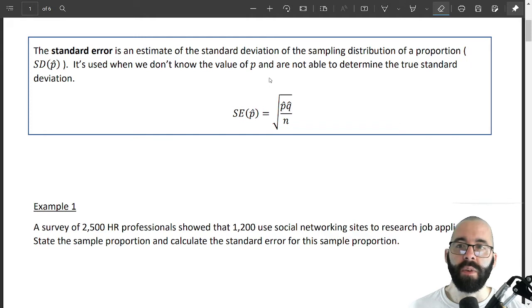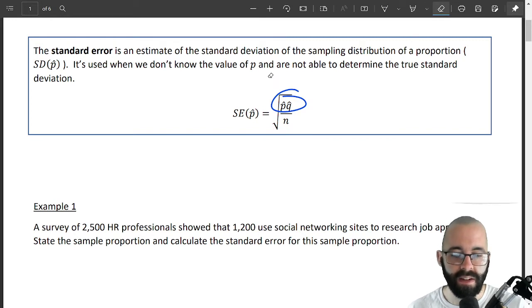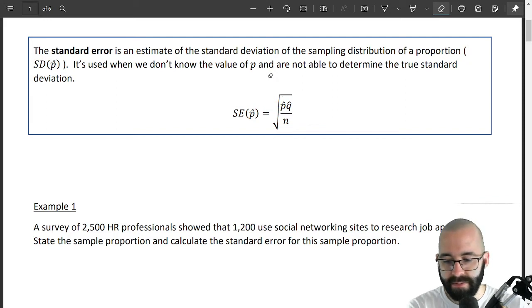Well, here we're going to use this estimate of the standard deviation by estimating the standard deviation with the square root of p hat q hat. Okay, this is usually pretty close, or well, it's a good estimate for the standard deviation, right? So if we find the true standard error with sigma divided by the square root of n, well, the square root of p hat q hat is going to be our estimation for that sigma.